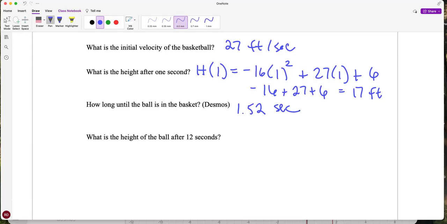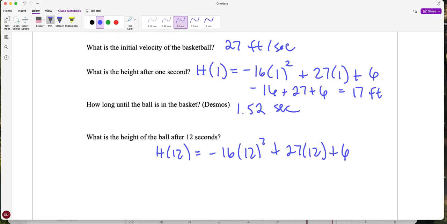What is the height of the ball after 12 seconds? Here all you're doing is h of 12, which is negative 16 times 12 squared, plus 27 times 12, plus 6. I think you know that if you put a basketball up, at 12 seconds it's going to be on the ground.